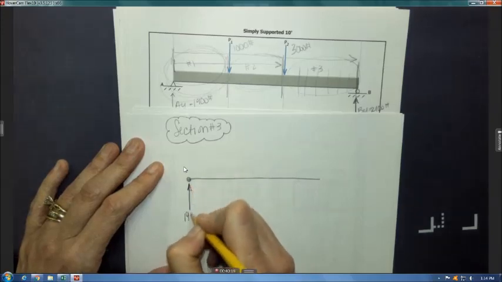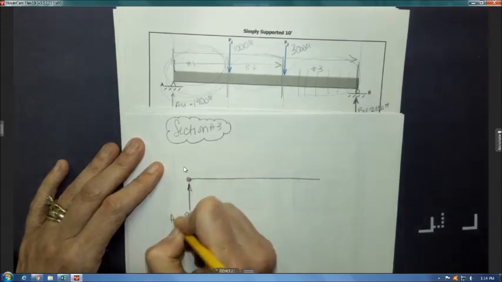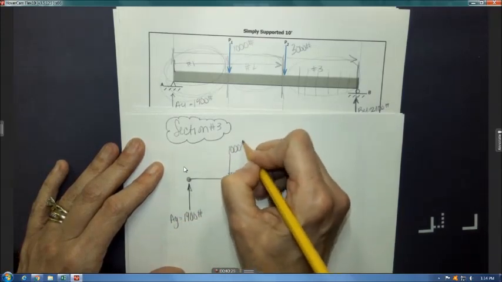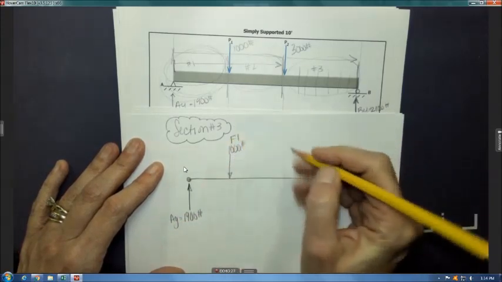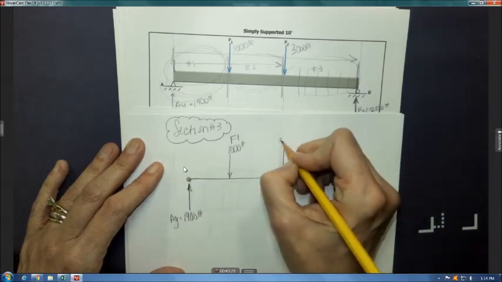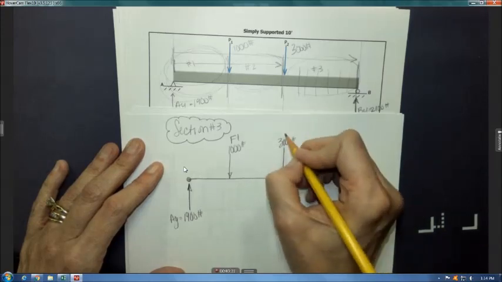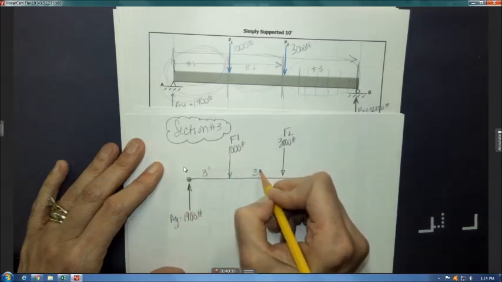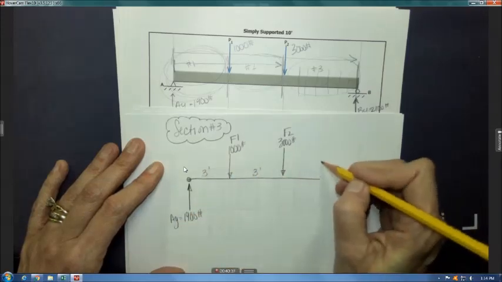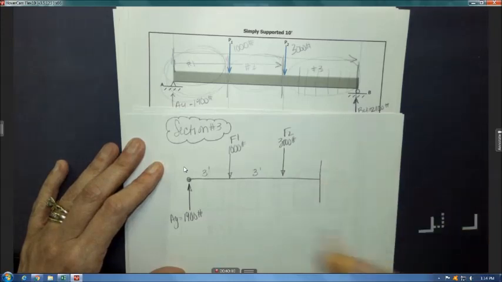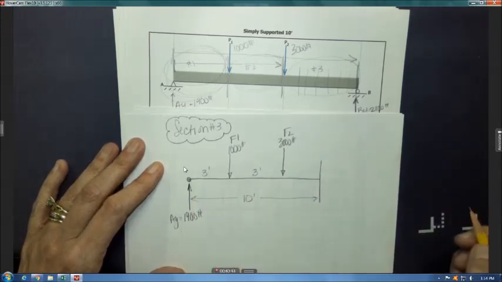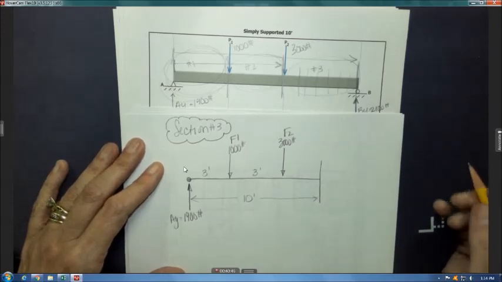I have 1,900 pounds, which is my AY, 1,000 pounds, which is my F1, 3,000, which is F2, 3 feet, another 3 feet in between, and then this is going to be 10 feet, all the way over right before BY is applied.